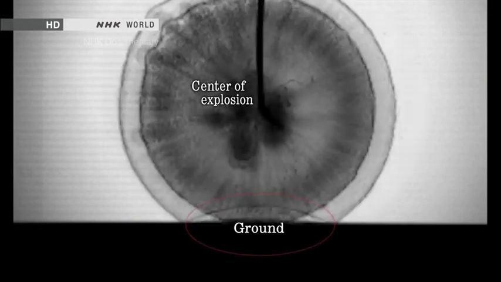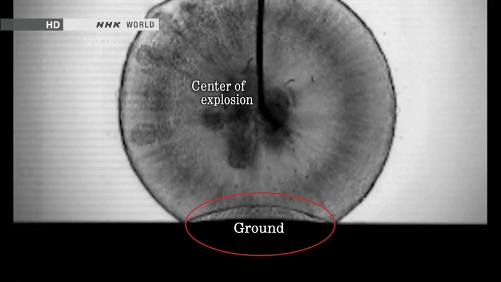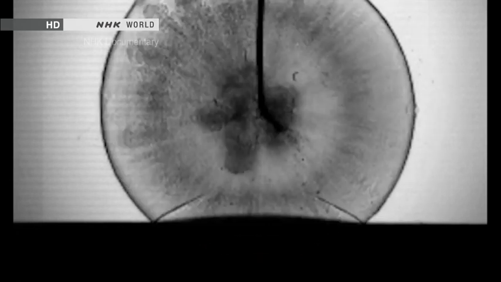When the blast wave strikes the Earth, it is reflected upward to form a second, dome-shaped shock wave. Let's focus on the area where the two waves meet. One shock wave comes from above, as it expands from the core of the explosion.